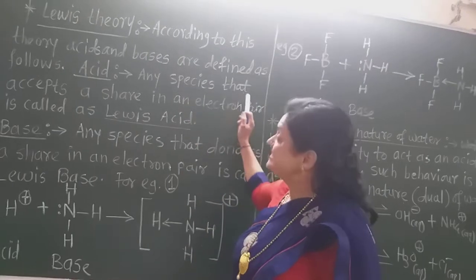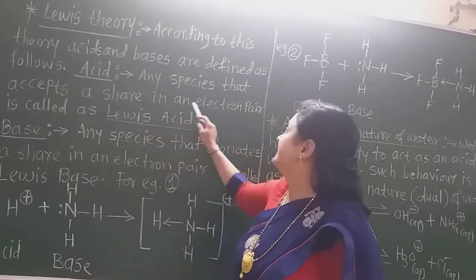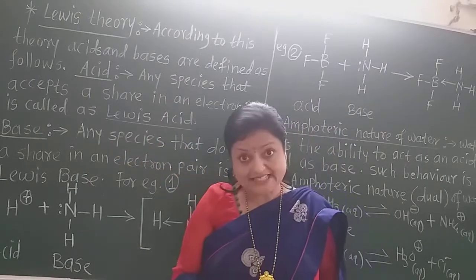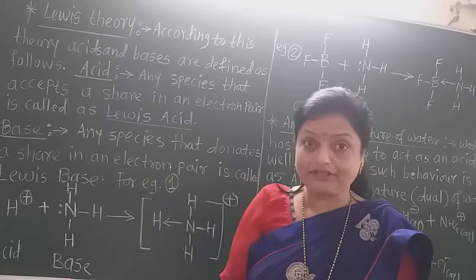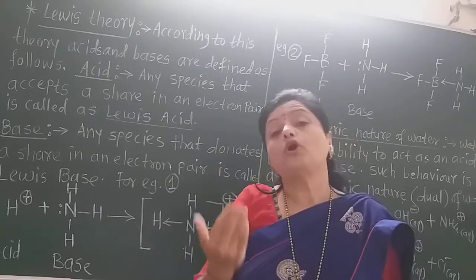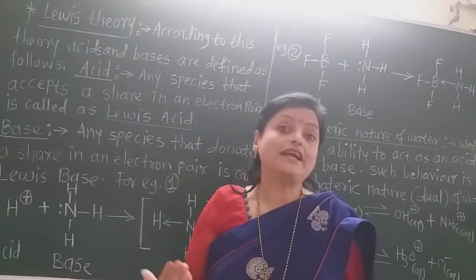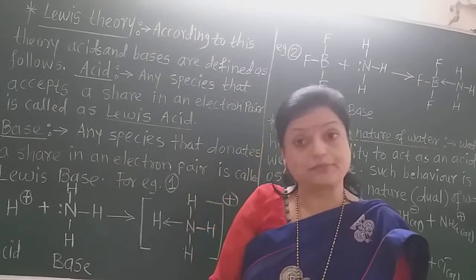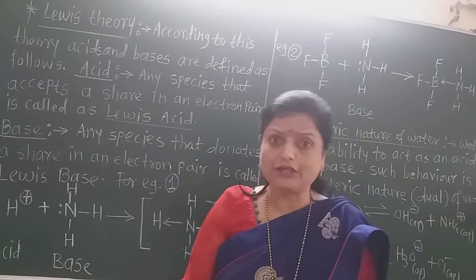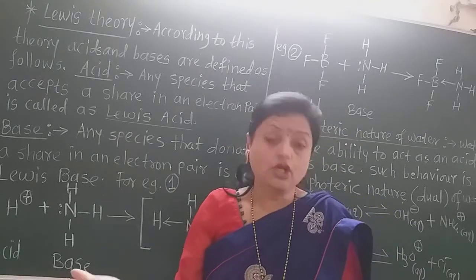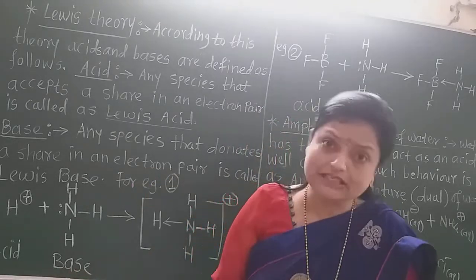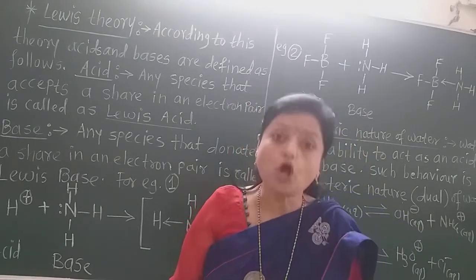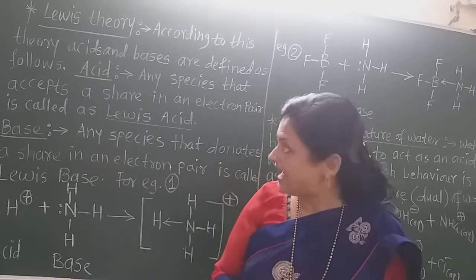So any species that accepts a shared electron pair is called the Lewis acid. That means they are electron deficient substances, so they accept the electron pair from other substances.